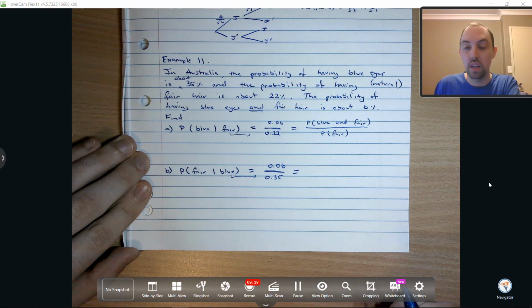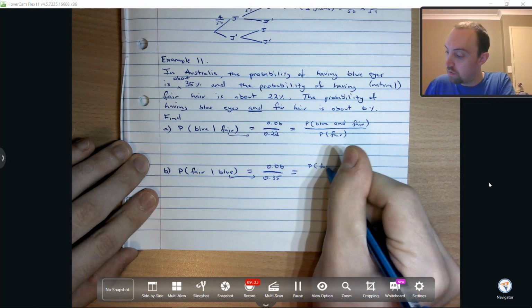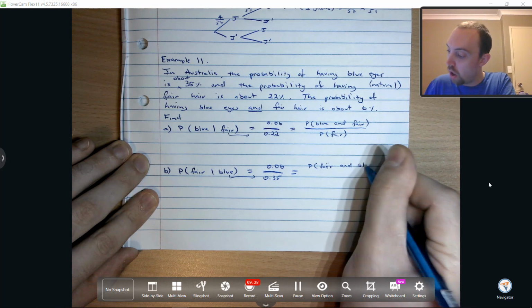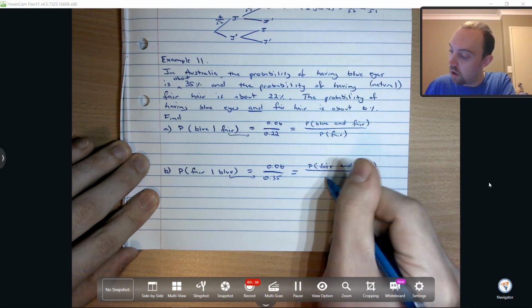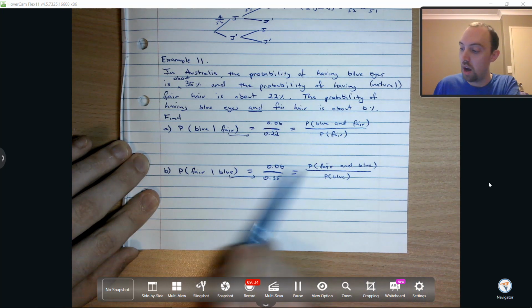Sure, we can calculate those on our own, but the probability of fair and blue eyes over the probability of having blue eyes is where this is coming from.